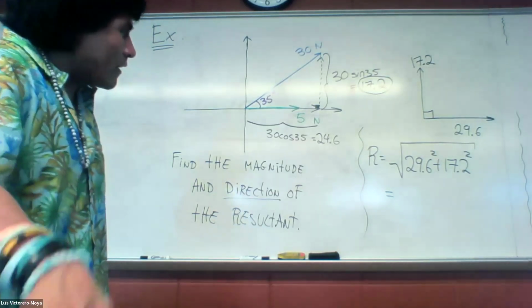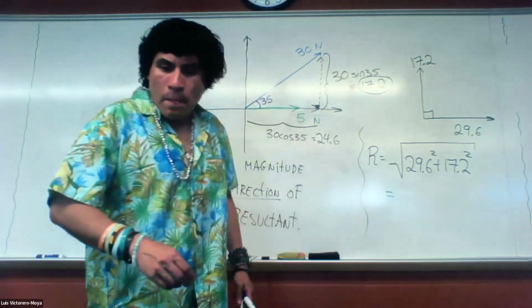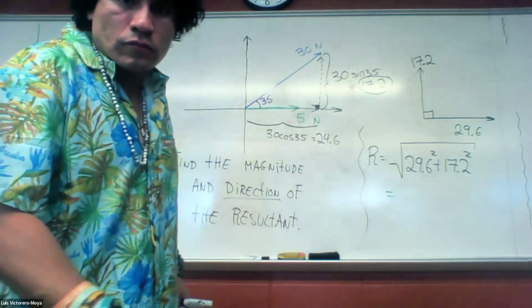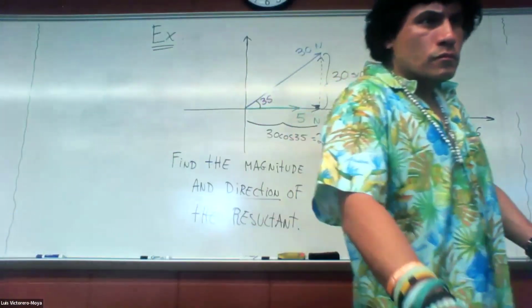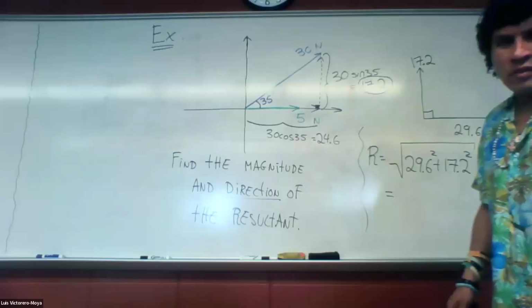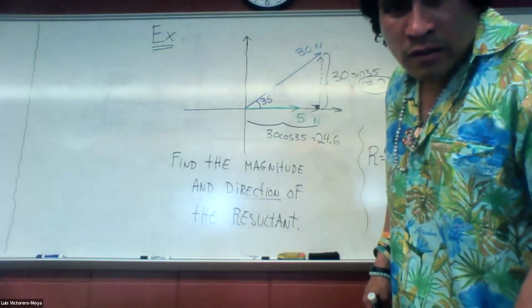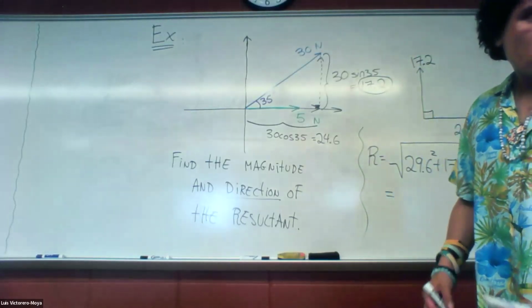So what's the magnitude of R? What do you get for R? You guys get 33.9. I got 30.01 because I used 24.6 squared instead of 29.6.